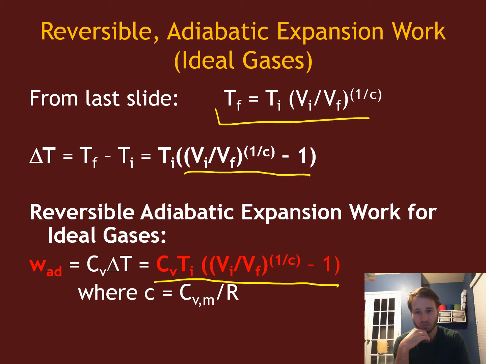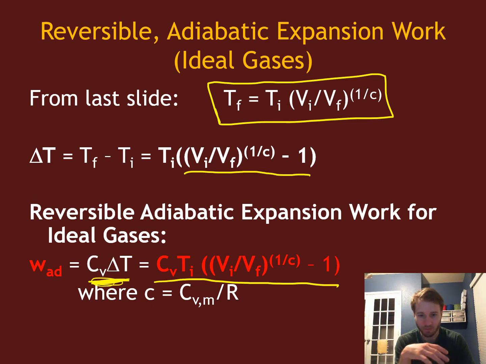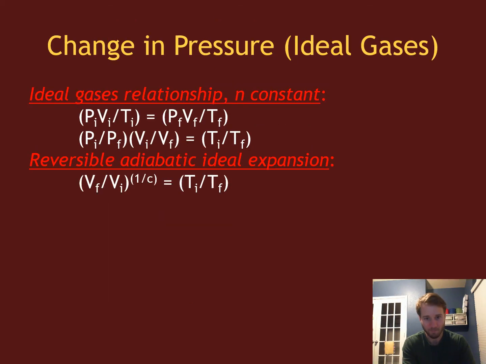This relationship here is something that is given. You do not need to memorize that whatsoever, okay? And so often what I would do is I just calculate the final temperature, calculate the initial temperature separately, and then subtract those two numbers, and then just plug that into here. But you can use this equation and plug everything in at once to find your answer if that's what you prefer.